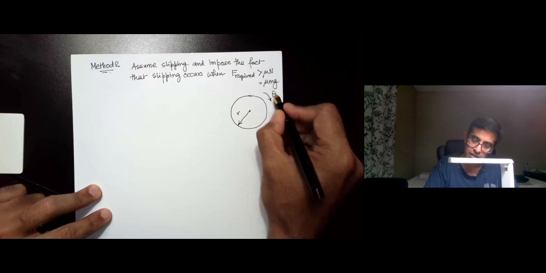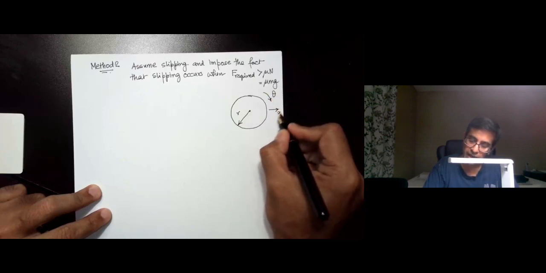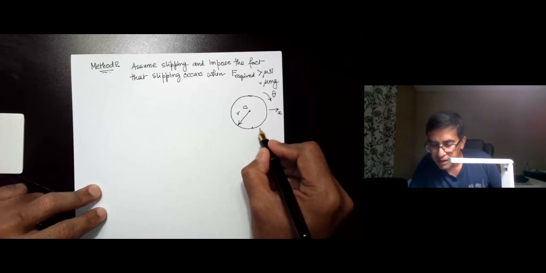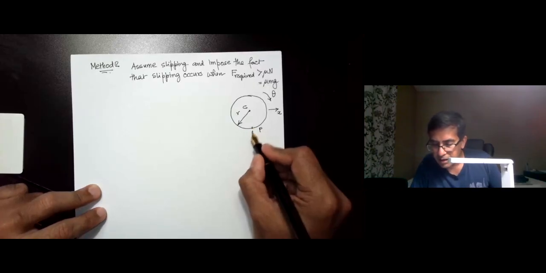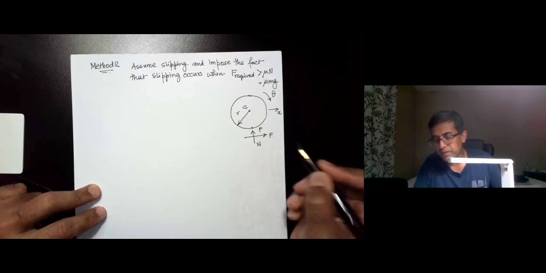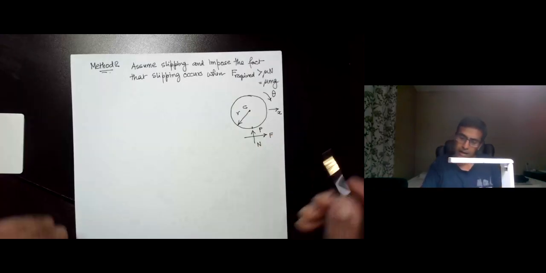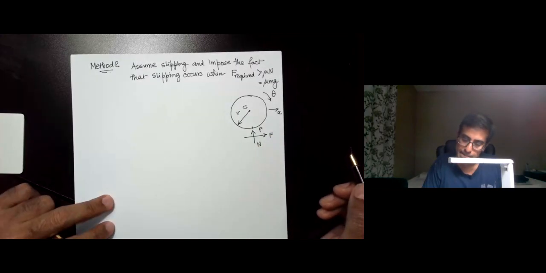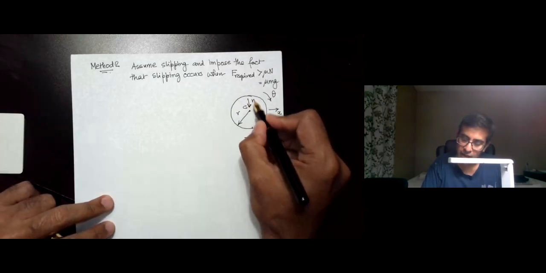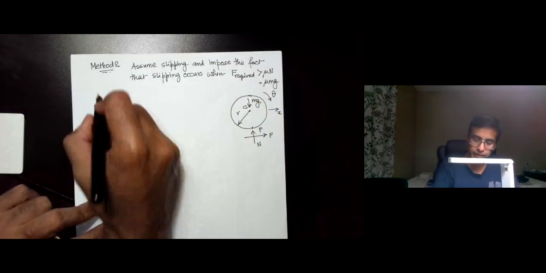Here is our theta, here is our x, this is c, this is the instantaneous point of contact, this is the normal reaction, this is the friction force, and we have the gravitational force.